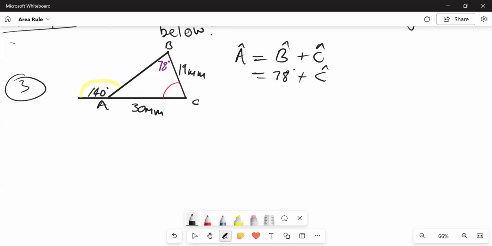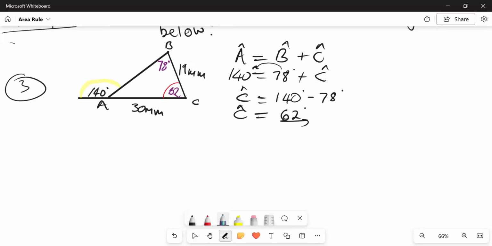Angle A, that's 140, right? And then from here, now we can start transposing 78, meaning you move this 78 to the other side. So obviously now, if you move that number, it changes the sign from positive to negative. And then 140 minus 78, you will get your 62 degrees, right? So you see that's 62 degrees.